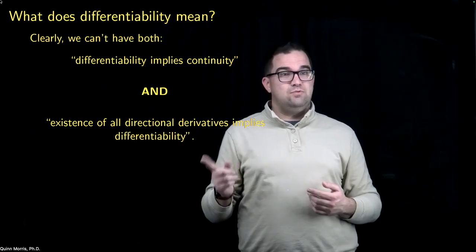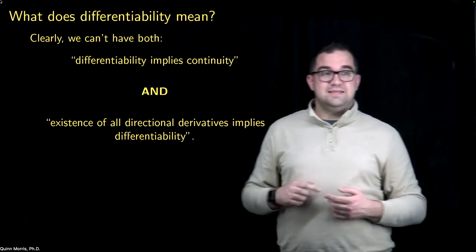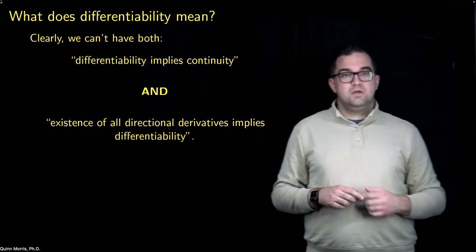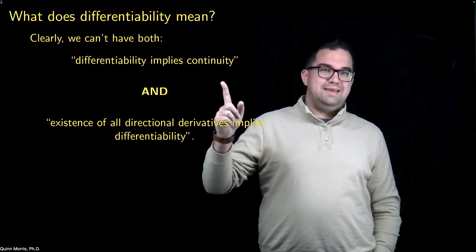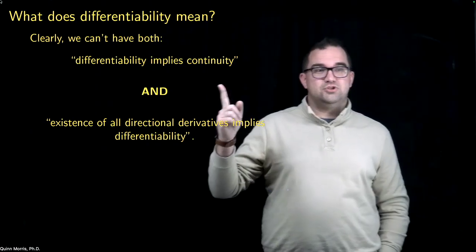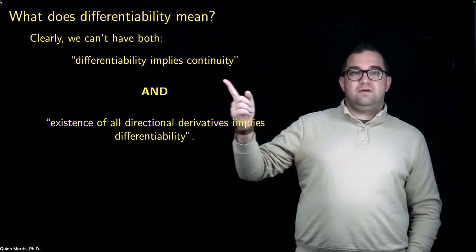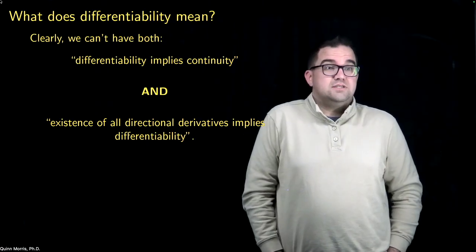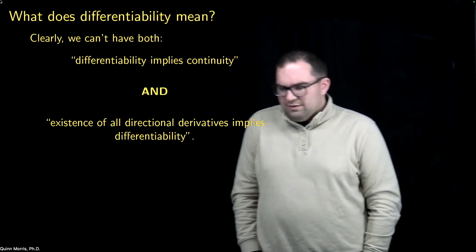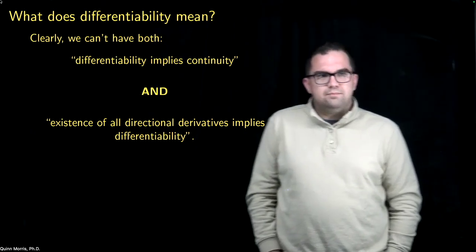And that's exactly what's happening in the example we've been exploring. So we want to hang on to coming up with some definition of differentiability that gives us differentiability implies continuity.